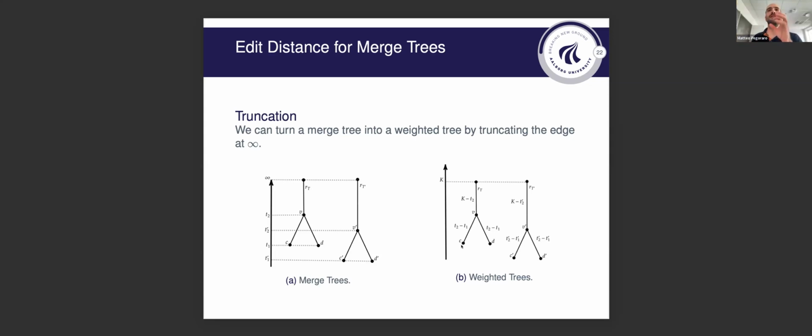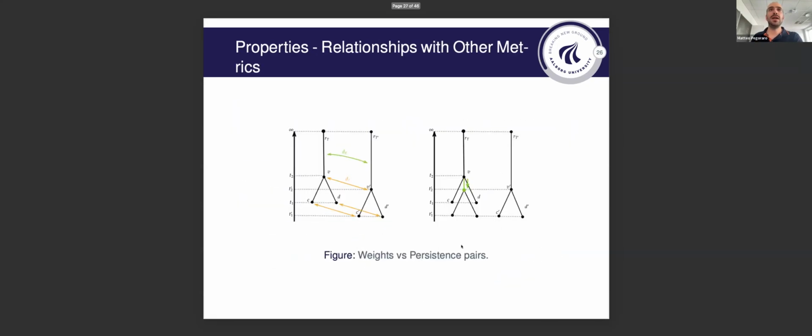Let me try to convey the difference from just matching the persistent pairs. I think this is a nice example. You can imagine that this merge tree was obtained by some kind of downward oriented parabola. You have two local minima which merge in a local maximum.